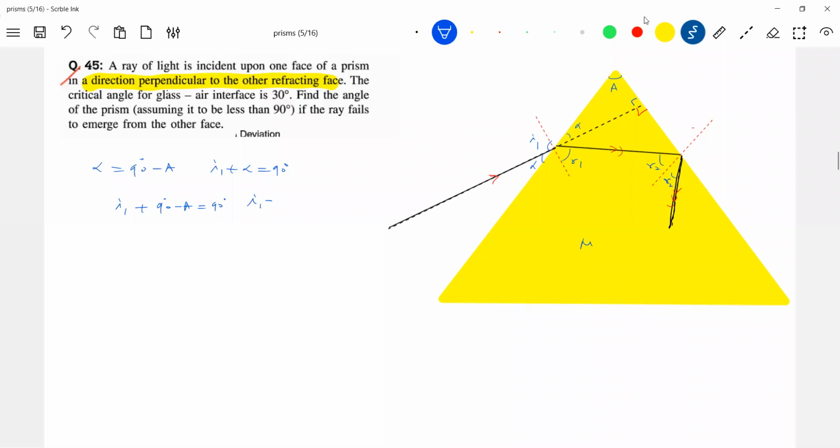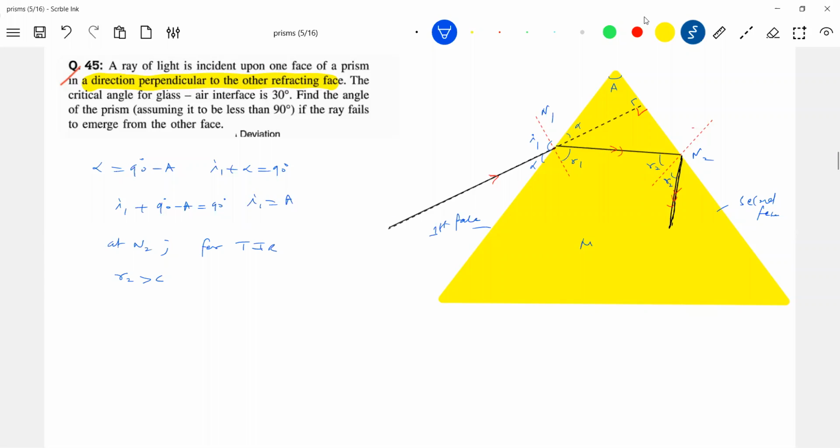So therefore, what is I1? I1 is equal to A. The angle of incidence will be equal to the angle of prism. I think there's one basic condition. Then for it to undergo TIR at the second face, say N2, this is N1. At N2, for TIR, R2 should be greater than the critical angle.